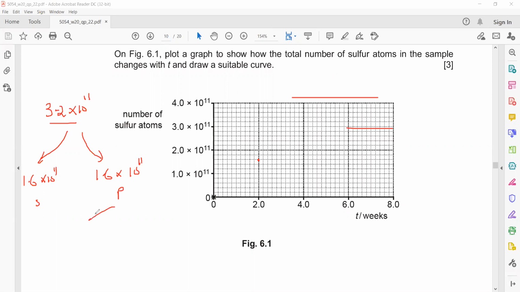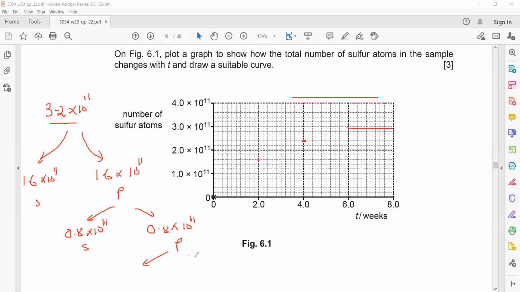And then phosphorus will further decay, half of 1.6, so it will be 0.8 times 10 to the power 11 sulfur and 0.8 times 10 to the power 11 phosphorus. But what is the total number of sulfur? 1.6 plus 0.8, so it will be 2.4. So this will be 2.4.